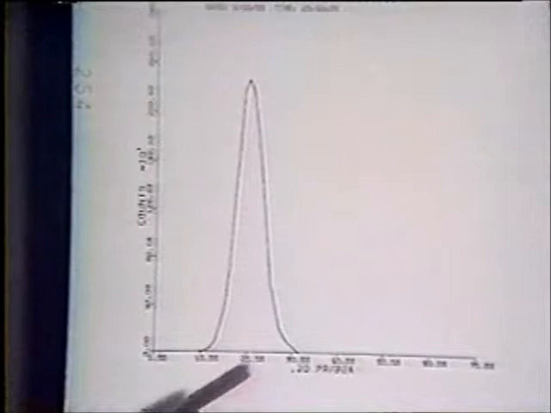Now, what you see depends upon how you analyze the data. If we take a look at the total amplitude histogram here, you see a rather smooth curve. This is actually a histogram of all of those points that are below threshold.